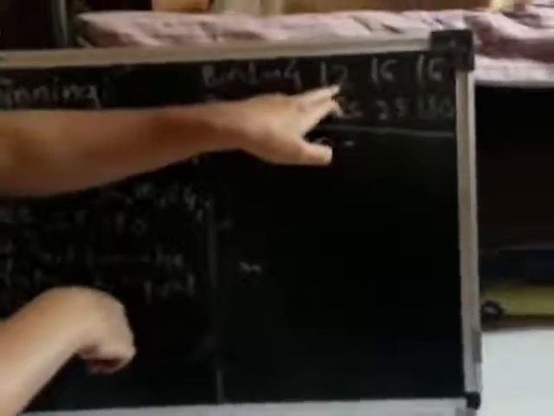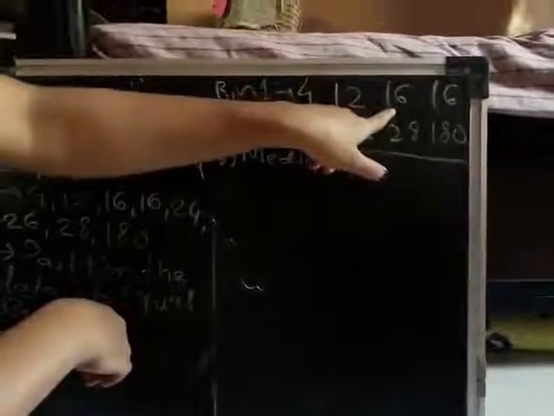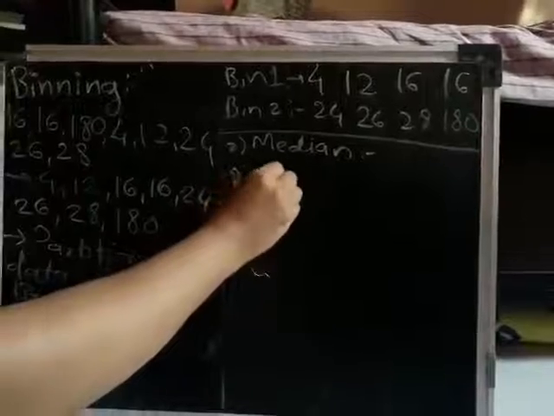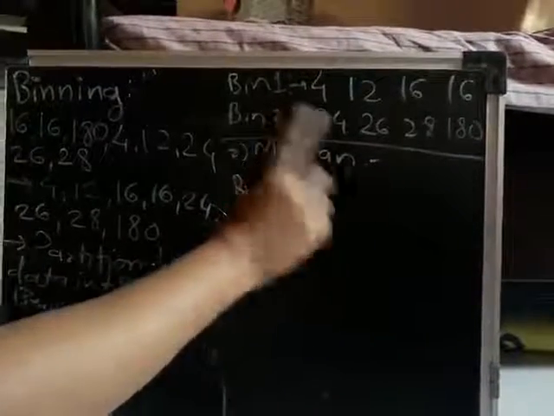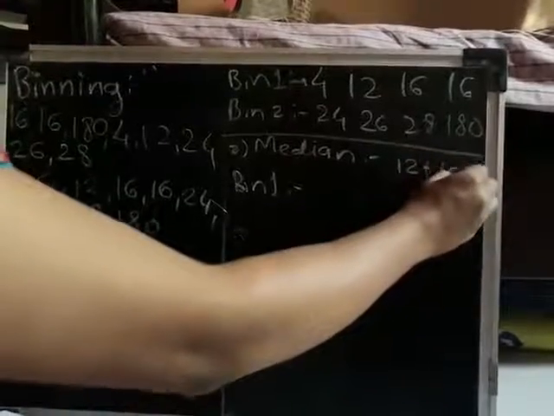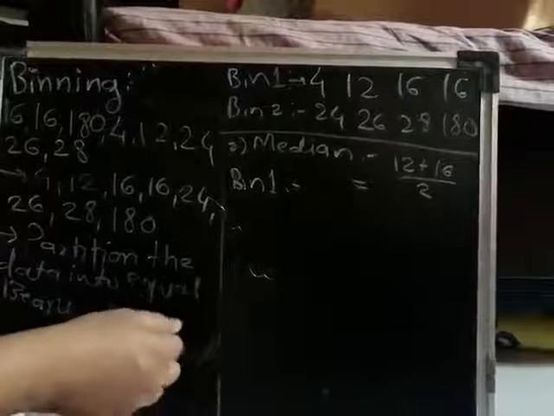Now here 4 elements are there and the middlemost elements are 12 and 16. So what we have to do? We have to add these two numbers and take a mean of this, and replace all the values with that mean. So what is the mean of this? 12 plus 16 divided by 2. So what will be the output?